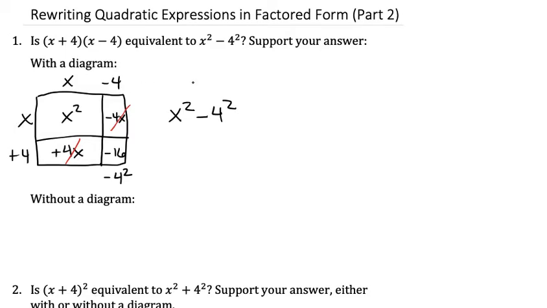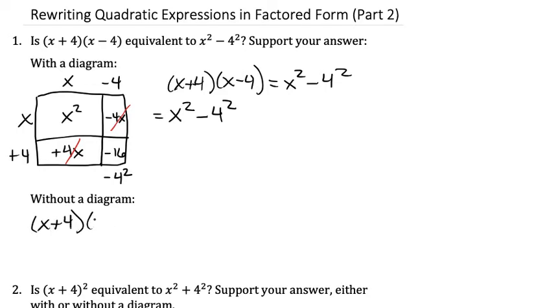So I can say that yes, x minus 4 times x plus 4, or x plus 4 times x minus 4, equals x squared minus 4 squared. Now I can do this without a diagram as well if I use the distributive property or FOIL. So if I multiply x plus 4 times x minus 4, I can think of that as x times x plus 4 minus 4 times x plus 4.